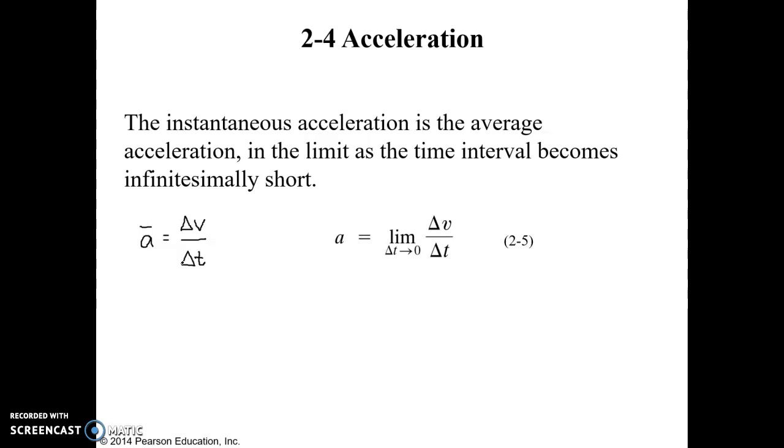But if we wanted to know the instantaneous acceleration, that would be what happens when this time variable, rather than being a long period of time, is shortened to a very, very small period of time. The limit as delta t approaches 0. So imagine that this is just the tiniest fraction of a second, and we measured what the change in velocity was over that very small period of time. That would give us the instantaneous acceleration.